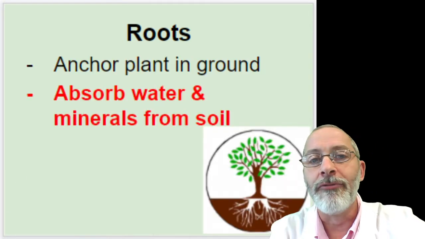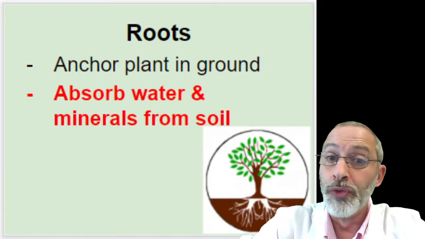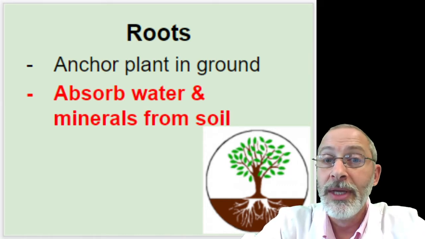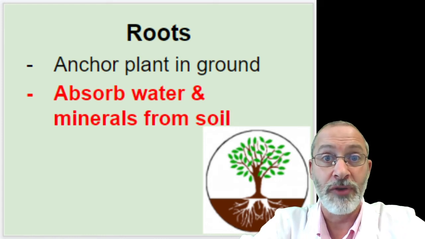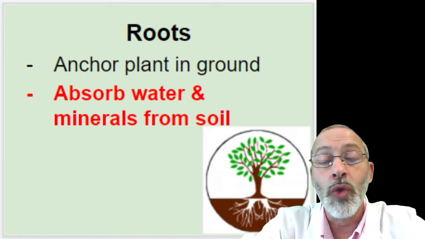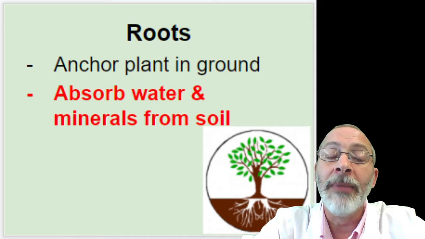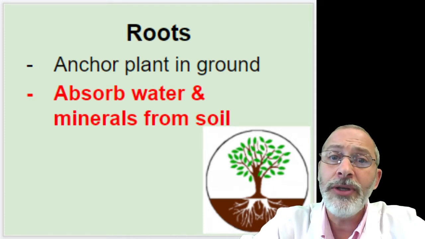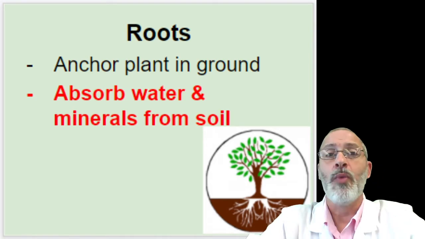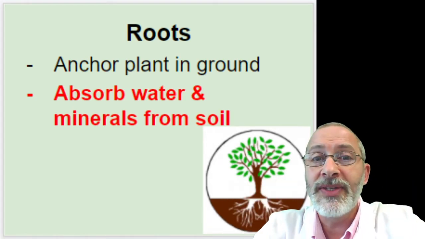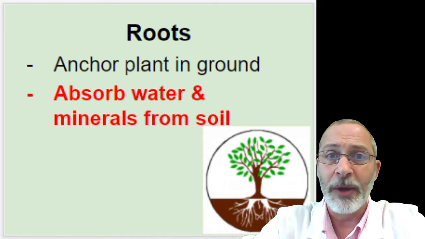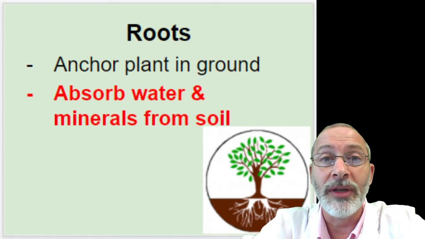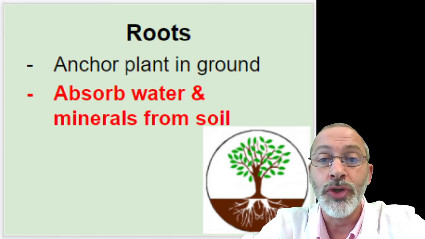Another function of roots is that the roots themselves are responsible. They have a designated purpose, a specific function for the plant to absorb the water and the minerals from the soil. So vascular land plants have this network. It's almost like the mycelium of the fungi we learned about a few topics back, growing in the soil and extracting the minerals and nutrients.